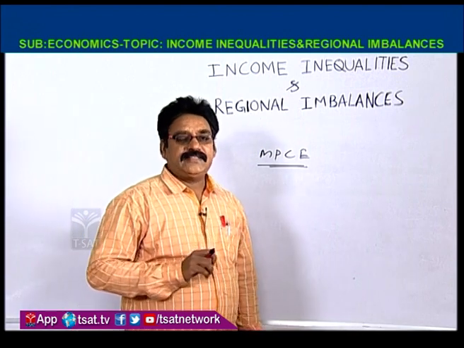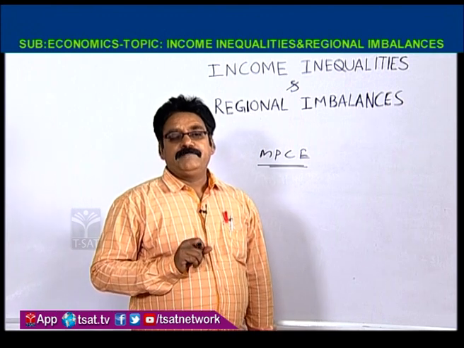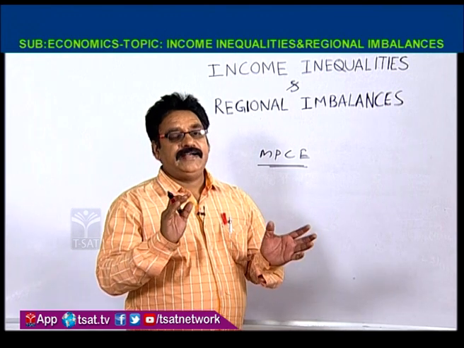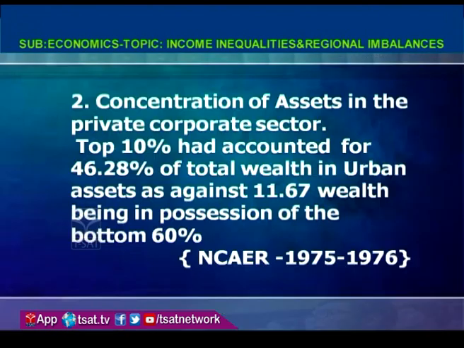And the second cause, concentration of assets in the private sector. The top 10% accounted for 46.28% of the total wealth. Of the total wealth we have, the top 10% of the people hold 46% of the assets, whereas only 11.67% of wealth is possessed by the bottom 60%.